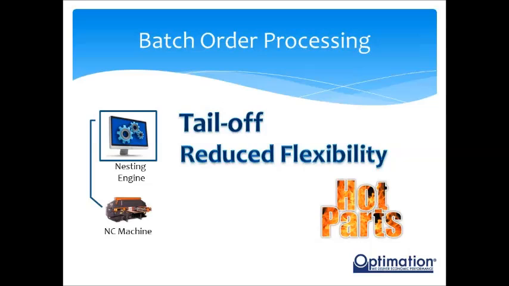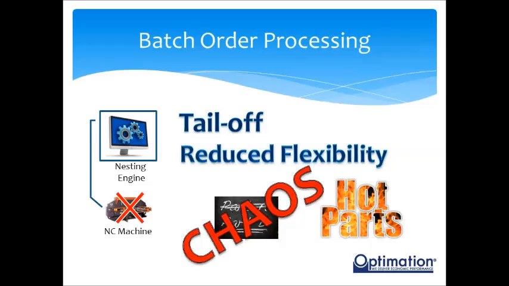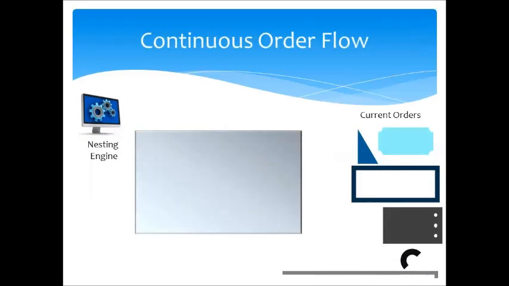But these things happen so quickly with schedule changes and machines going down. And those types of things happen so rapidly that batch order processing has a very significant difficulty responding to those in real time. So that kind of chaos on the shop floor is not something that batch order processing deals with very well.